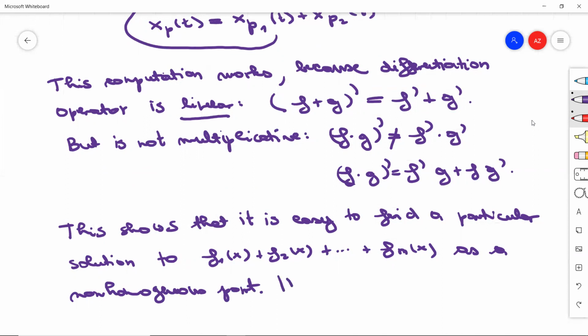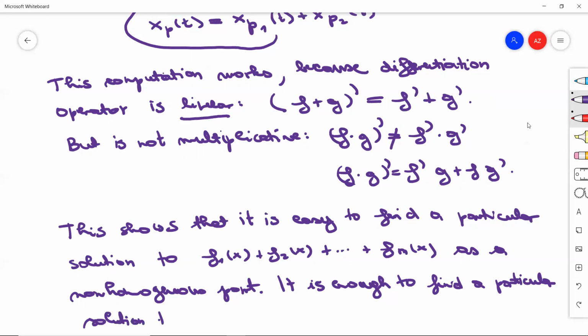It is enough to find the particular solution to each summand and sum them up together.